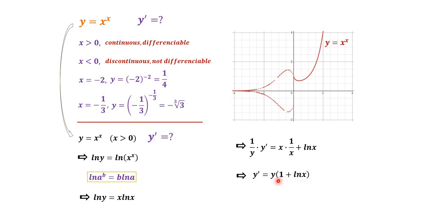So remember, y is equal to x to the power of x right here. So the derivative of y is equal to x to the power of x times 1 plus ln x. So here is the final answer, and this is the derivative of y.